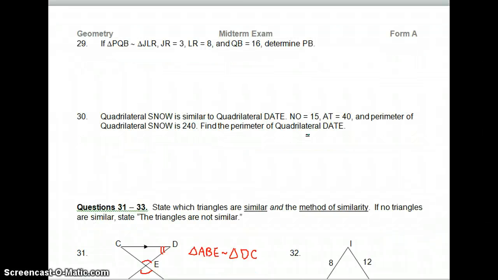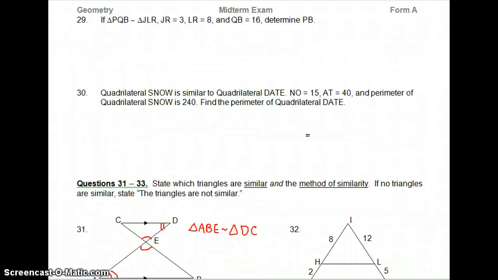29. We're told PQB is similar to JLR, and they give us measurements and they ask us to determine PB. Okay, so for PQB similar to JLR, first I'm going to draw the pictures.